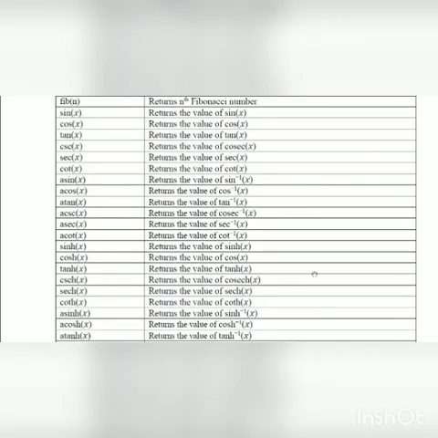And what about hyperbolic functions? Sinh of x gives you the hyperbolic sine function, cosh of x, tanh of x, cosecant h of x, that is csch of x, sech of x, coth of x. These will give you the values of hyperbolic functions.